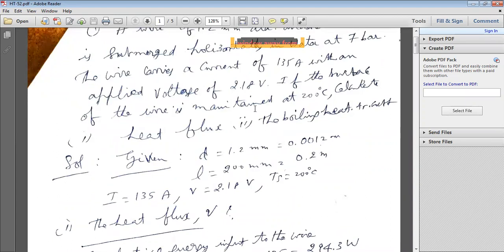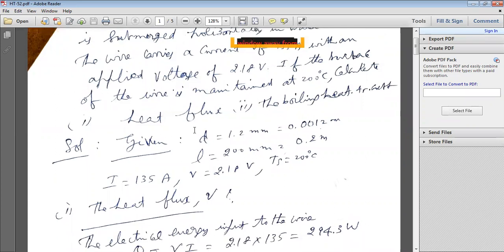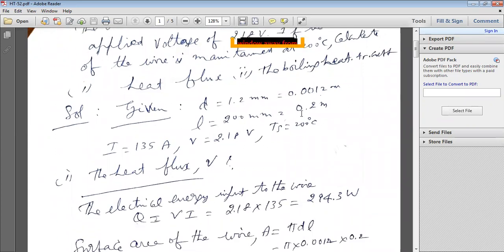That's how you get the heat input, by multiplying voltage with current. The surface temperature of the wire is 200 degrees centigrade, and we have to calculate the heat flux and the boiling heat transfer coefficient.